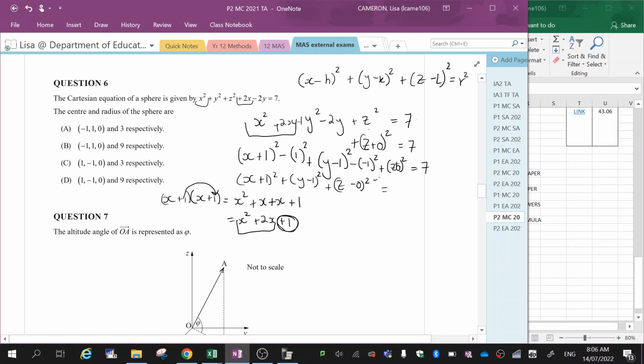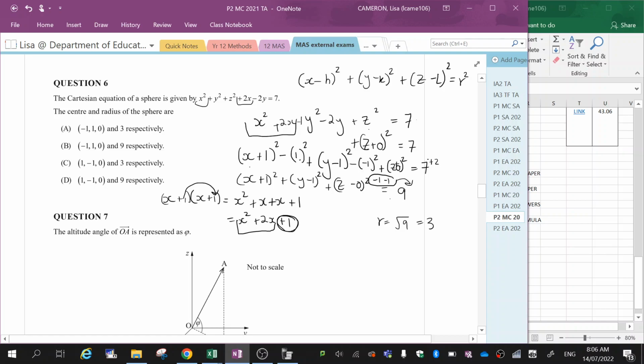So here we've got minus 1. Minus 1 squared makes positive 1, minus 1, so that's minus 1 as well. So now I'm going to take these two parts over to the other side by adding on 2. So this will be plus 2, meaning that now I've got 9. Okay, so to work out the radius, I need to square root 9, which is going to give me 3.